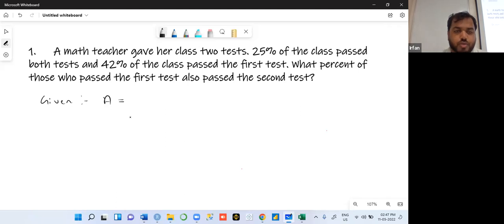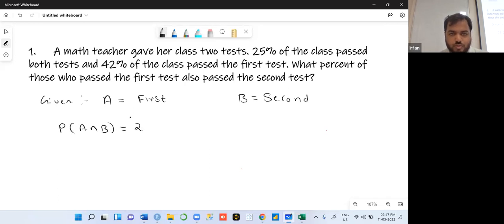So A we can write as your first. Probability for passing both the tests is how much? 25%. Probability of passing the first test.